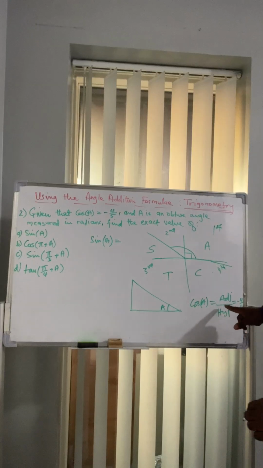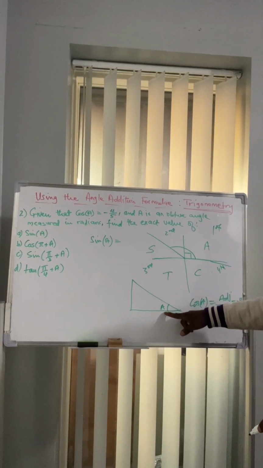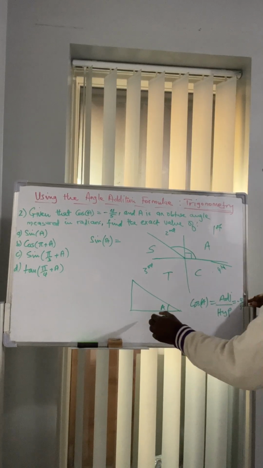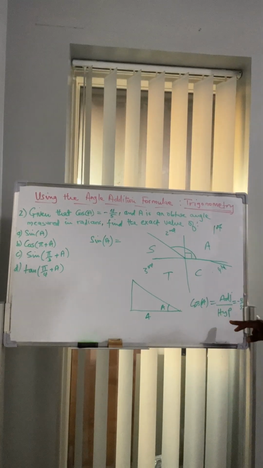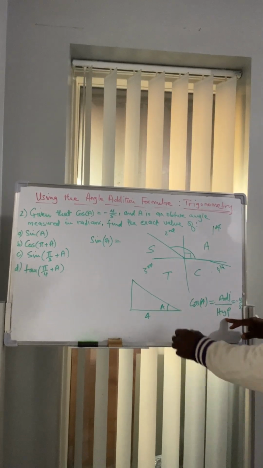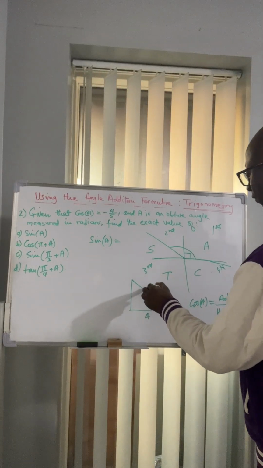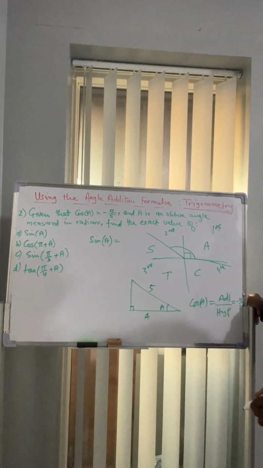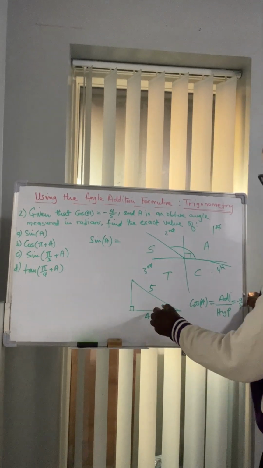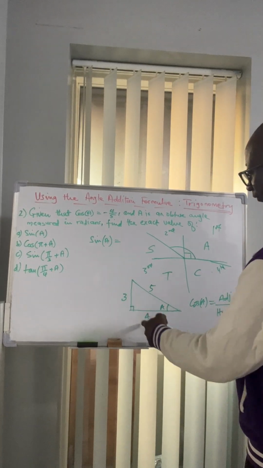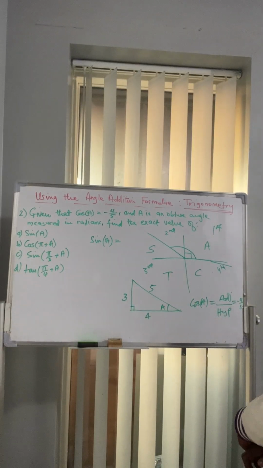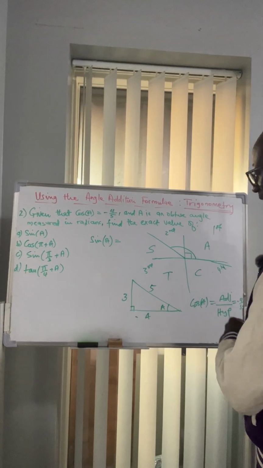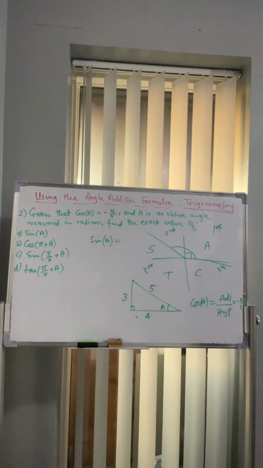So it means the adjacent side to this angle is 4, and the hypotenuse side is 5. According to our Pythagoras theorem, this side must be 3, a 3, 4, 5 triangle. And this is minus here for the cosine. So this is the cosine given like this.